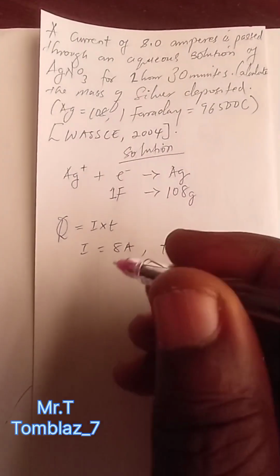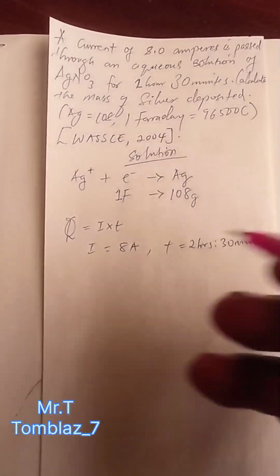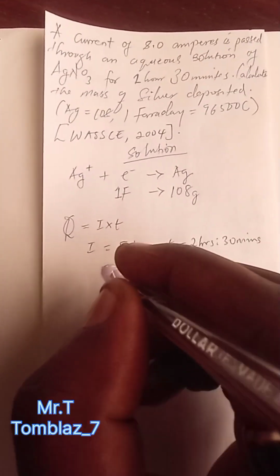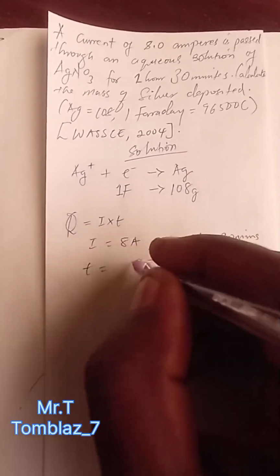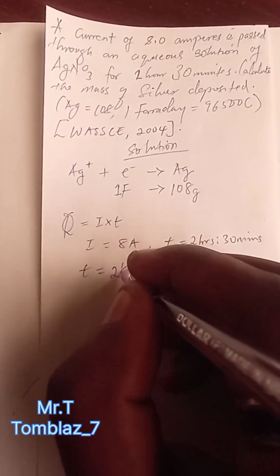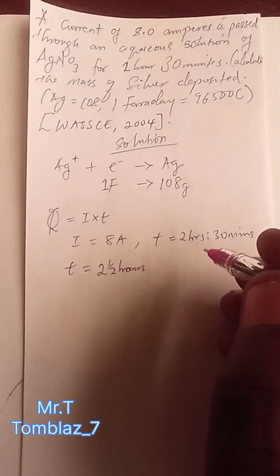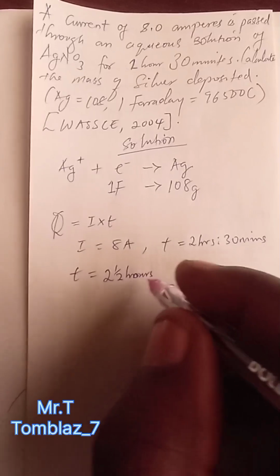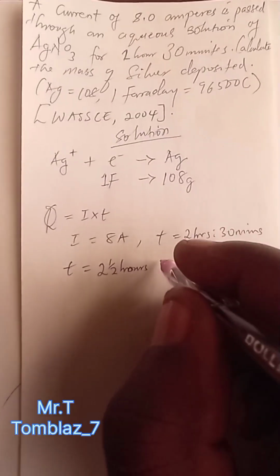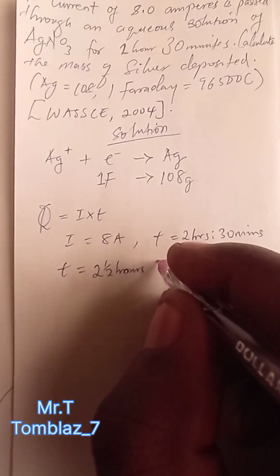So in doing that, we'll either do it this way or any other way we desire. 2 hours 30 minutes means 2.5 hours, so it's not up to 3 hours, 2.5 hours. So how do we convert hours to seconds? We just multiply it by 60 to minutes and then 60 again to seconds.